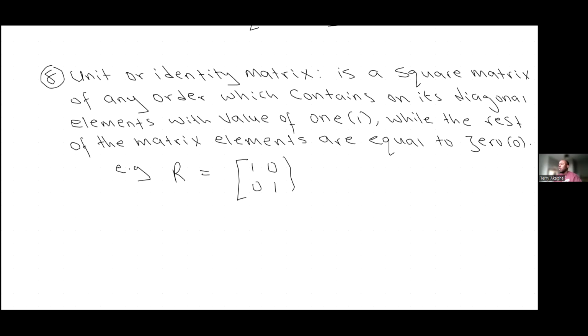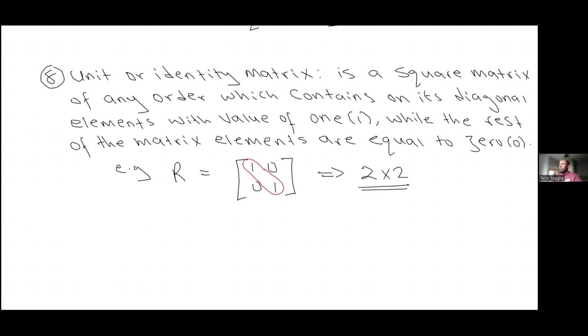You can see this is a 2 by 2 matrix. If you look at the leading diagonal or the main diagonal, you can see that all the elements in the main diagonal are 1. So this is why it's called an identity matrix or a unit matrix. You can do the same thing.